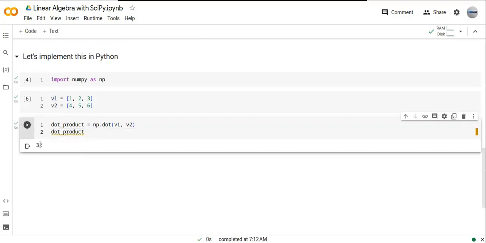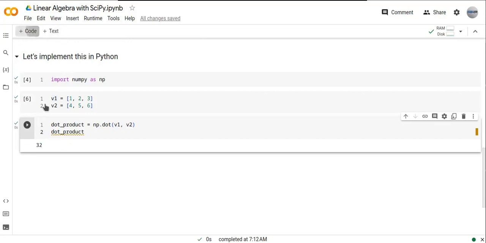That is 32, because 1 multiplied by 4 is 4, plus 2 multiplied by 5 is 10, 10 plus 4 is 14, plus 3 multiplied by 6 is 18, 18 plus 14 is 32. This is called a scalar value. So the result of the dot product in linear algebra or vector operations is called a scalar value.